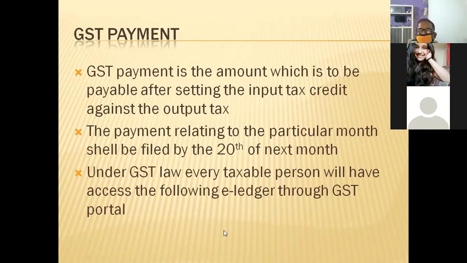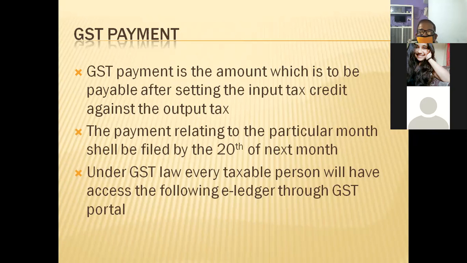And every taxable person, every registered person, will have the following e-ledgers, electronic ledgers, through the GST portal. So every taxable person will have 3 ledgers compulsory. First ledger is the electronic cash ledger. Next is the electronic liability ledger. Next is the electronic credit ledger.